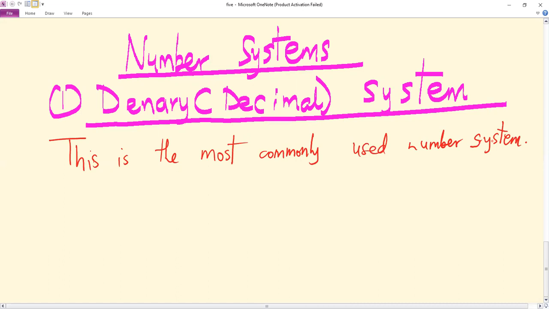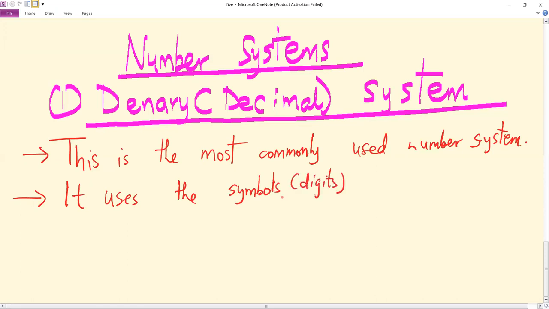So that's point number one. Point number two, it uses the simples, sometimes called digits: zero, 1, 2, 3, 4, 5, 6, 7, 8, and 9.